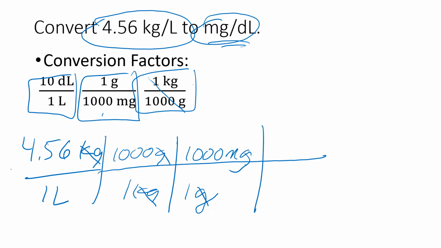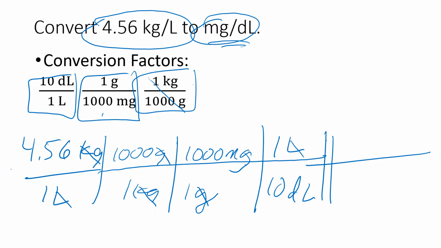So I'm in milligrams. Now I'm going to take the factor with liters in it. I'm going to flip it or keep it the same, depending on where I want to put it. So I want liters on the top, so I'm going to flip it. So 1 liter over 10 deciliters. Since I'm in the units I want to be, I'm done with the factors, and I'm going to calculate.